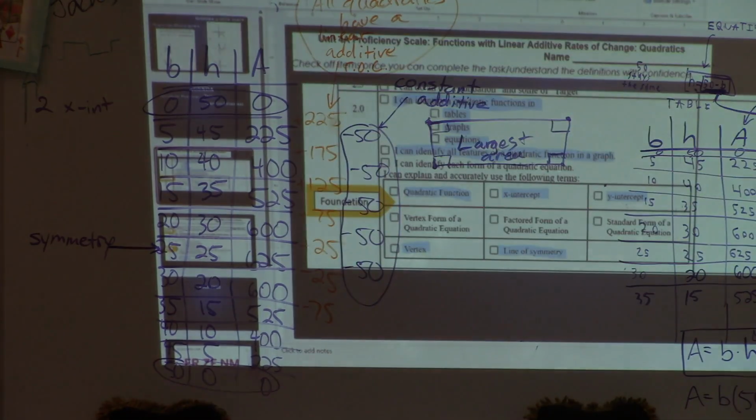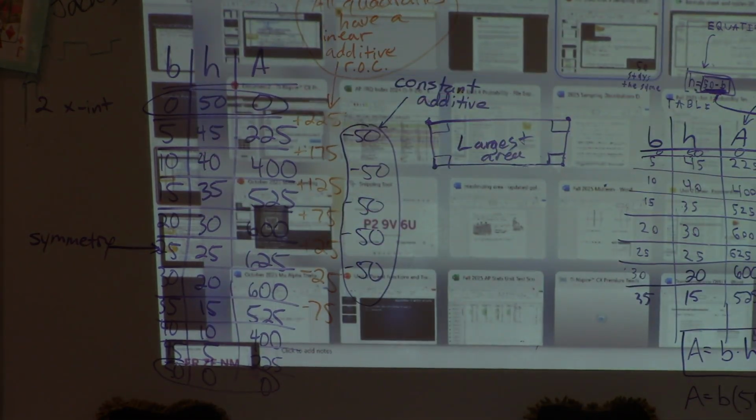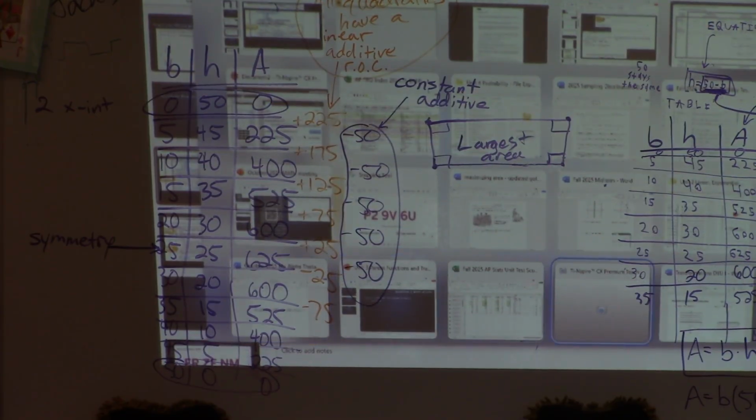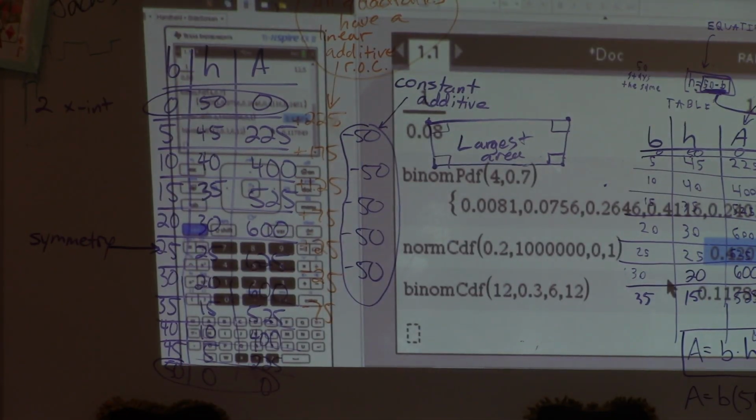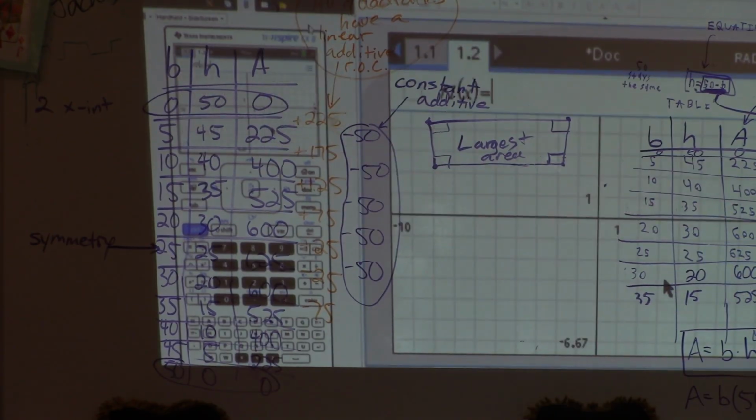Look, here is why you would want to be able to write an equation. Because here's the thing, was that equation the easiest? No, it wasn't. But let's say I have a graphing calculator. On the graphing calculator, I'm going to put 50x minus x squared.